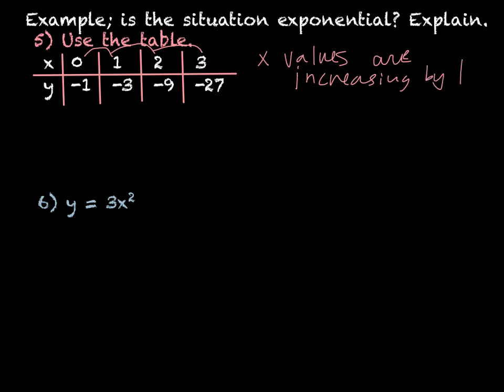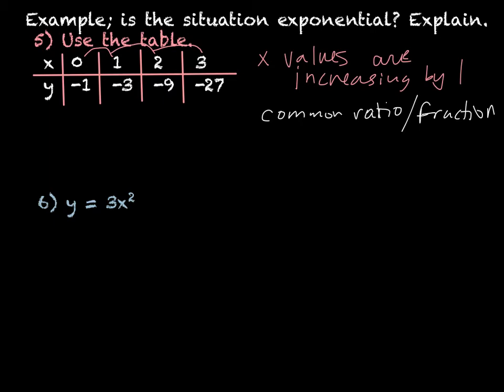Okay, so once we know that, then we can assess our y values. So we want there to be a common ratio. Well, that would be a common fraction. They mean the same thing, ratio or fraction.